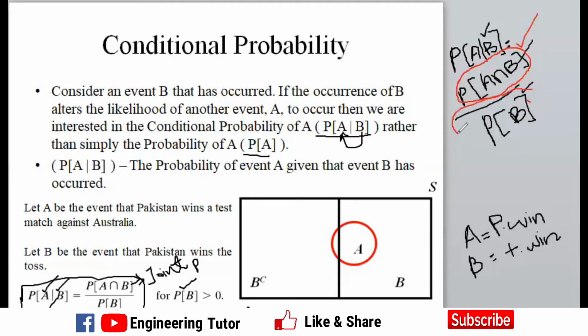The number of elements in event B will be the sample space. And what do you want to find?